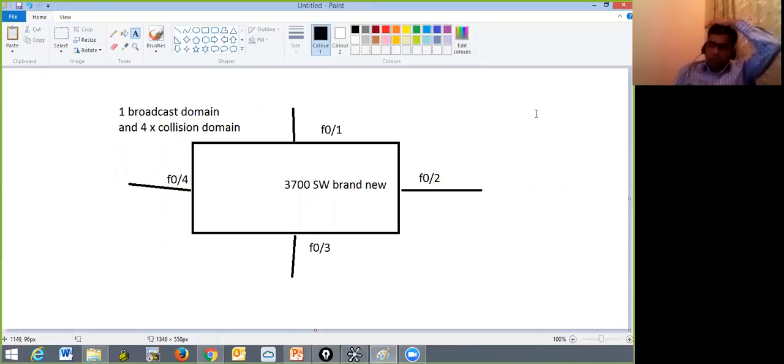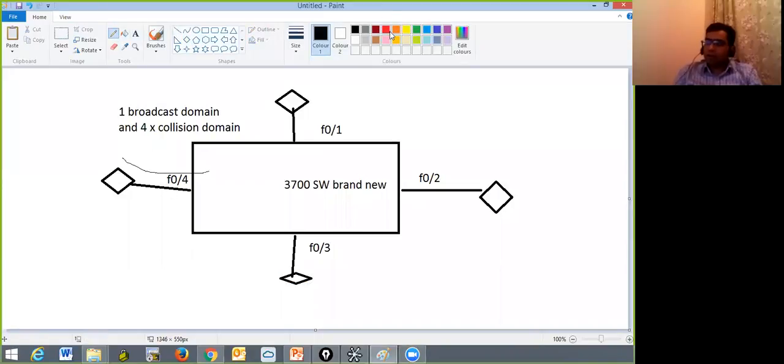So now we have 1 broadcast domain, which means if there is a PC here, and a PC here, and a PC here, and a PC here, and a broadcast message comes in from this side of the network, it will go here, here, and here as well.